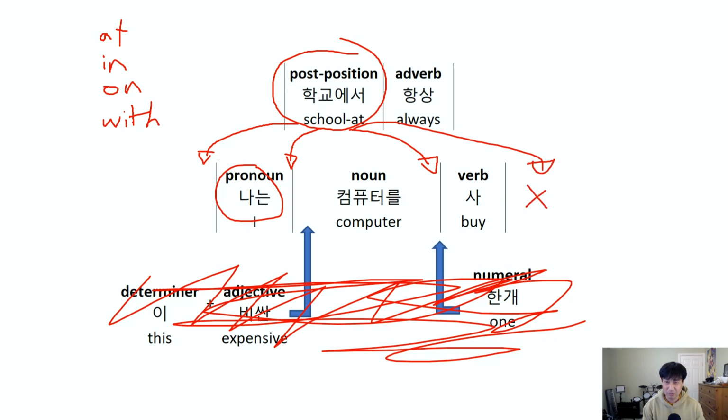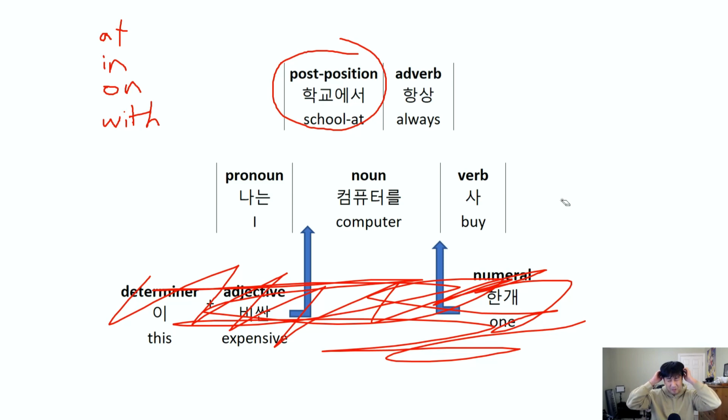That's the only place it can't go. Anything else, you can do it. So it's pretty flexible. In the beginning, I would say just choose a place. My favorite location is right behind the pronoun right here. That's just usually where I put it, but it doesn't really matter.